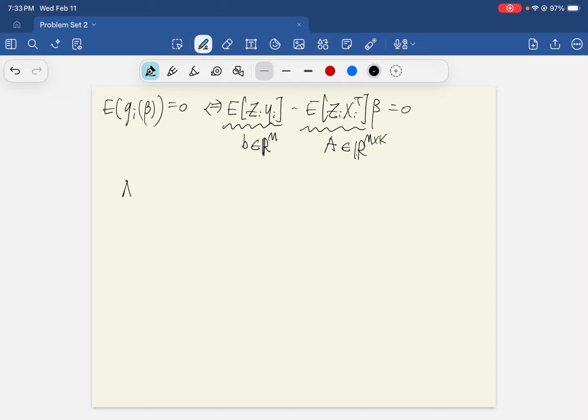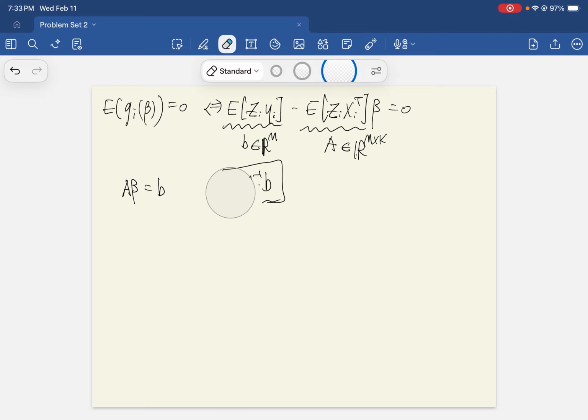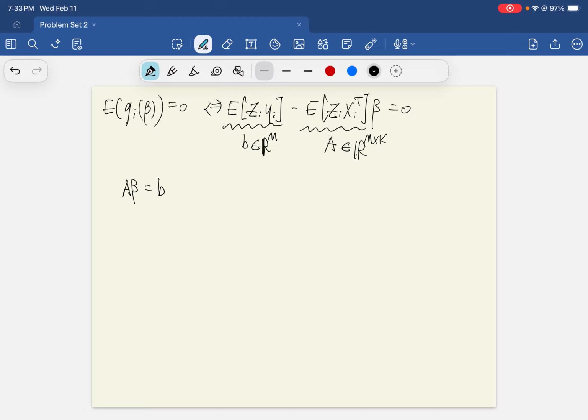So it looks like A times beta equals B. If A was invertible, we could simply write beta equals A inverse B, as the closed form solution in classical linear regression. But we do not know if m equals k or not. If m equals k we get this, but it's not general enough here, so we have to argue that there is only one solution.